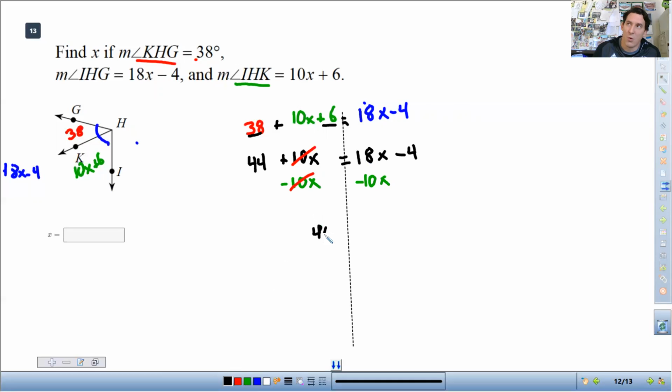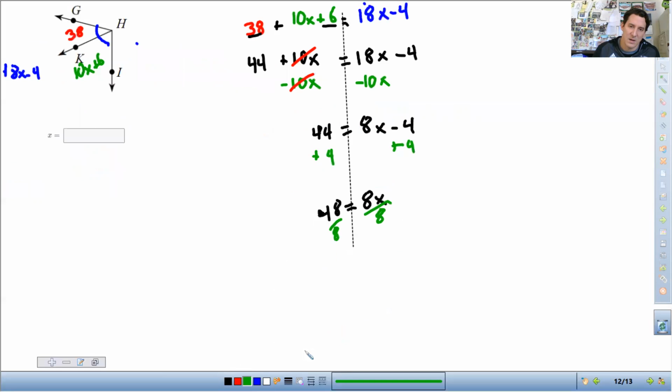So you get 44 is equal to 8x minus 4. And then get x by itself. So I'm going to add 4 to both sides. You get 48 is equal to 8x. Divide by 8. You get 6. 48 divided by 8 is 6. So x is 6. One last problem.